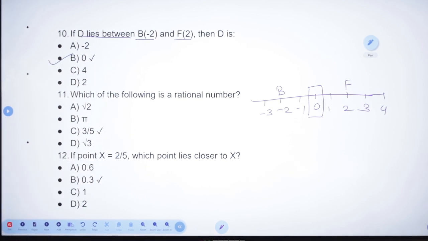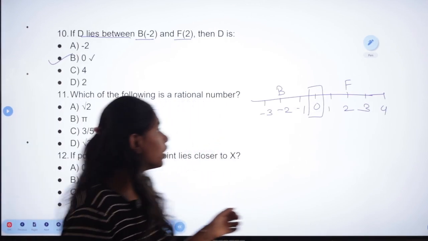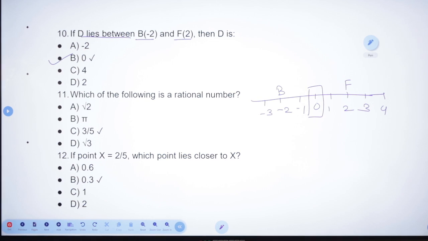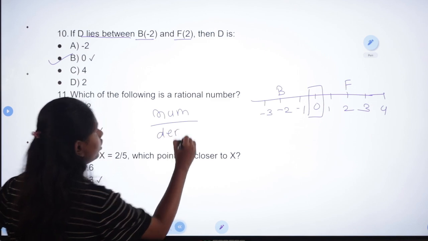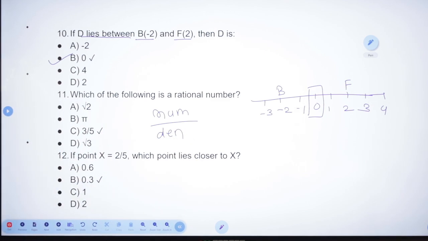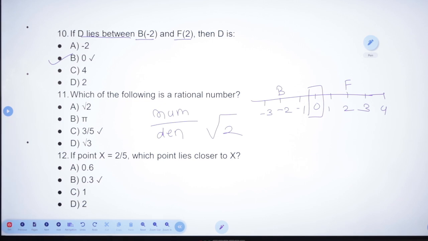Okay. Then next, which of the following is a rational number? What is meant by rational number? That it has one numerator and one denominator. Now here, this is √2.